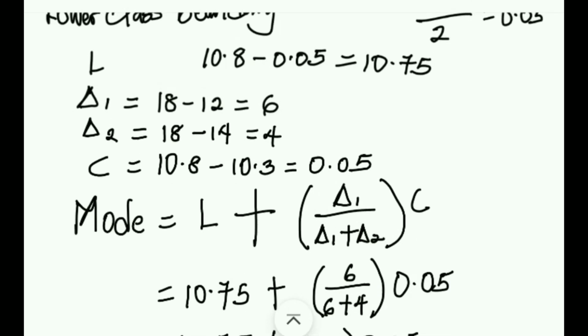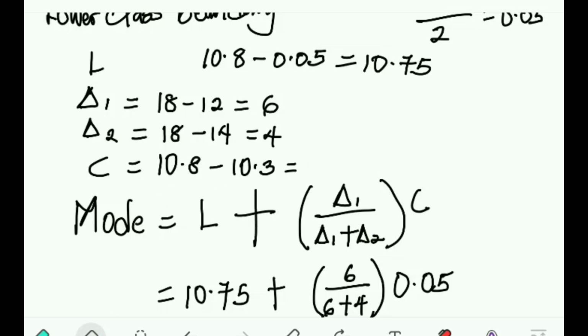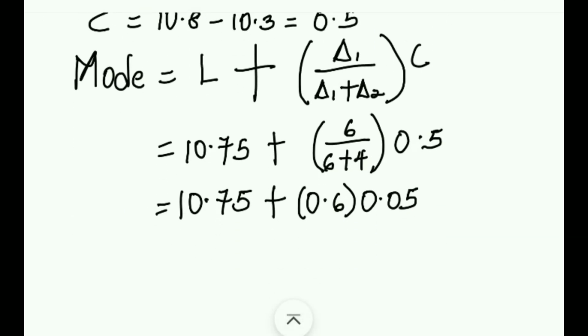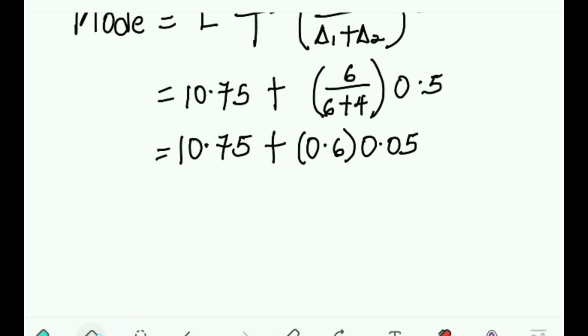Okay, this should be 0.5. 10.8 minus 10.3 is 0.5. Please correct that. So I have 0.5 here.